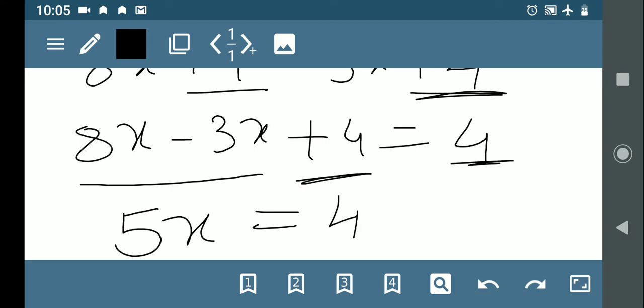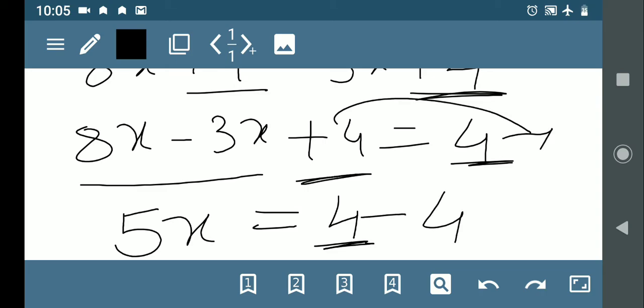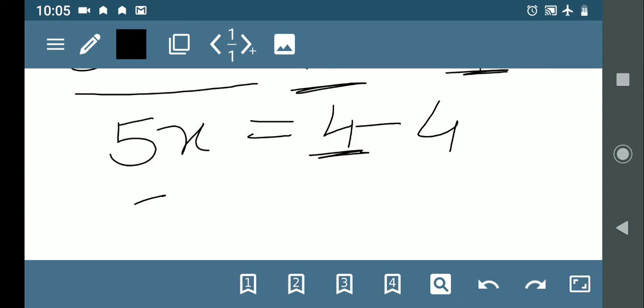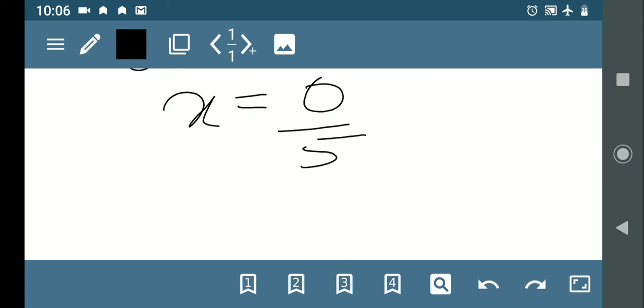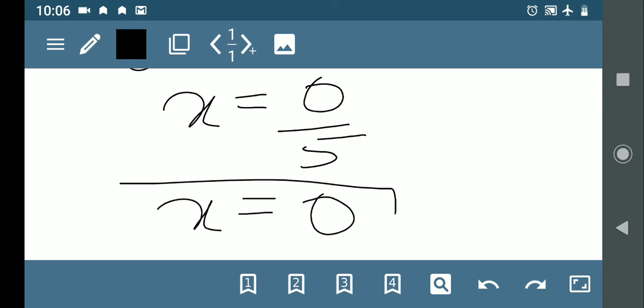So you have 4 here, and this 4 becomes minus 4. Now 5x is equal to 4 minus 4 is 0. Then x is equal to 0 divided by 5. 0 by anything is 0. So x is equal to 0.